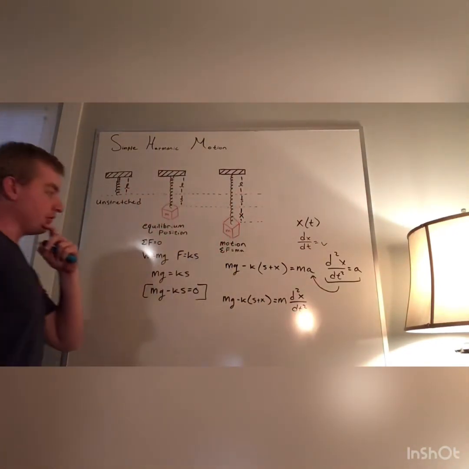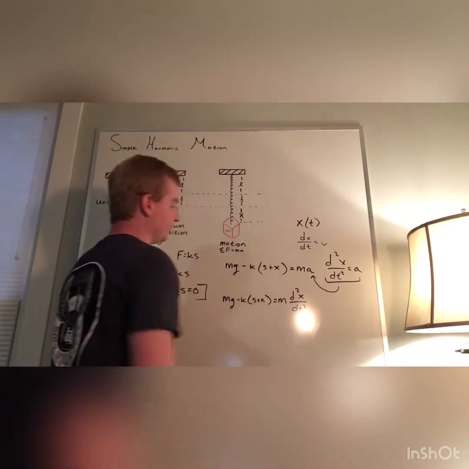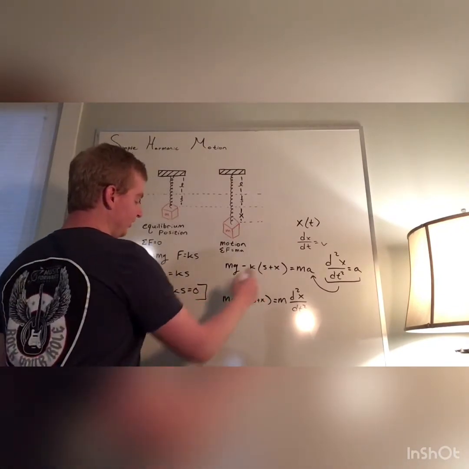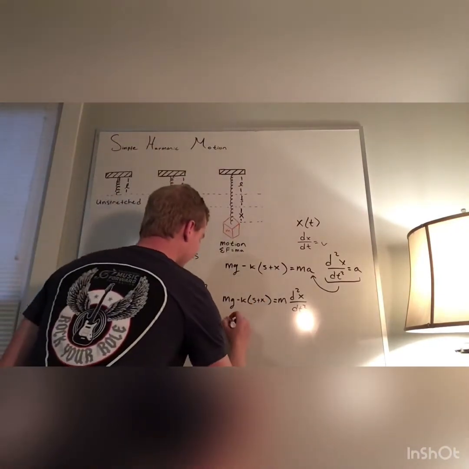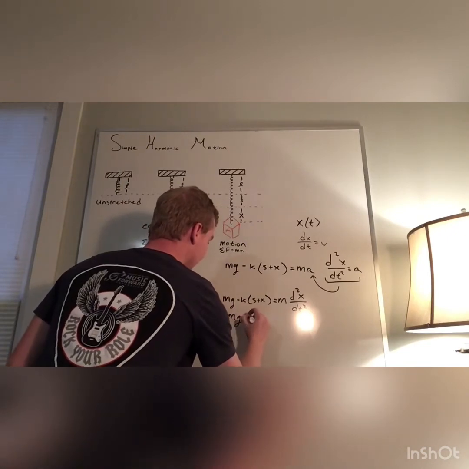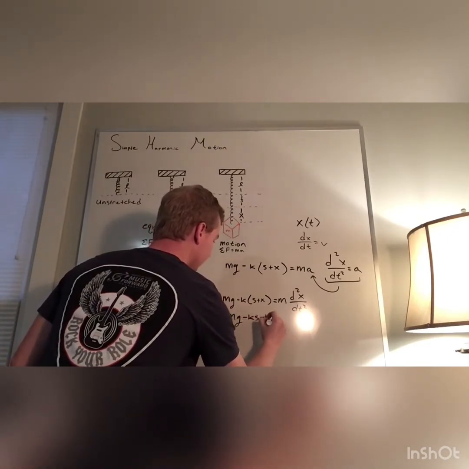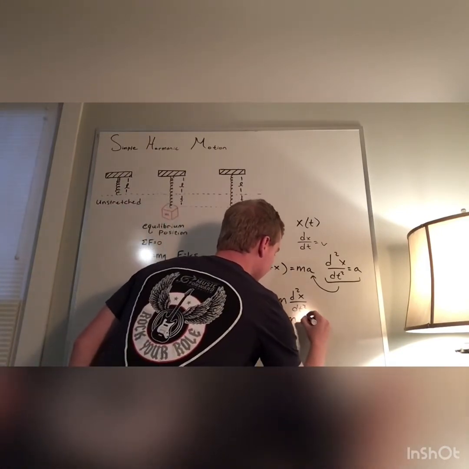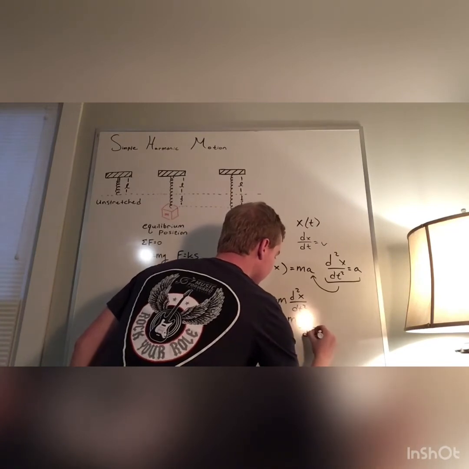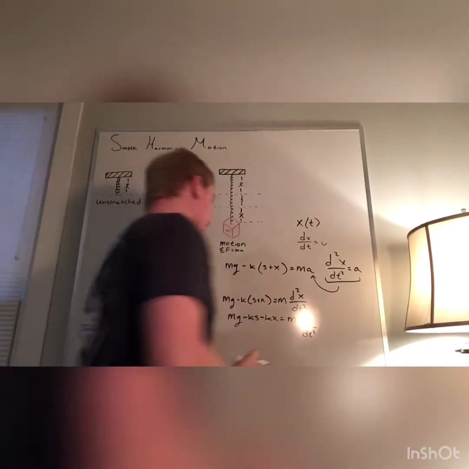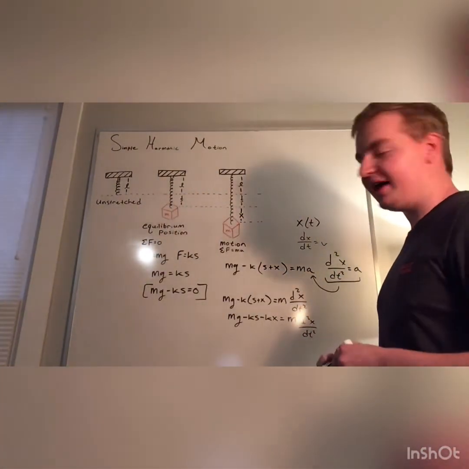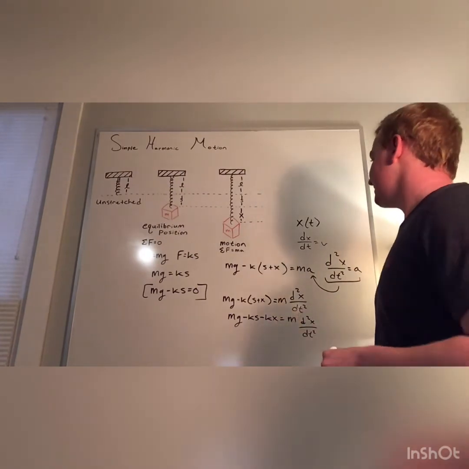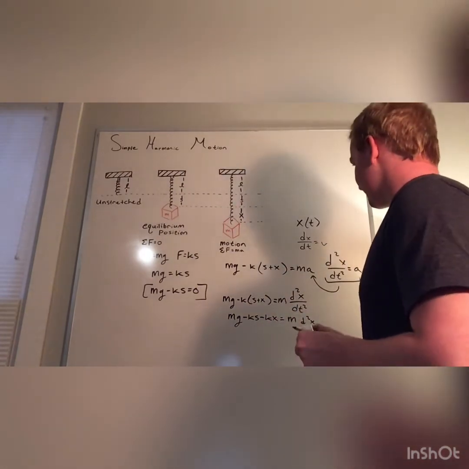Okay, so we're almost to the point where we can start solving our differential equation. However, we need to clean some things up. I'm going to distribute this spring constant into these parentheses right here. So we have that mg minus ks minus kx is equal to m times the second derivative of your position.